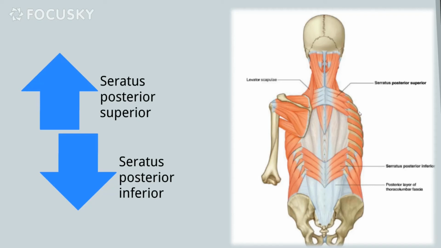It's in the posterior side, and superior one is the upper side one, and this is the inferior one. They pass from vertebra to attach to ribs for respiratory function, and that's why they refer to respiratory group muscles.